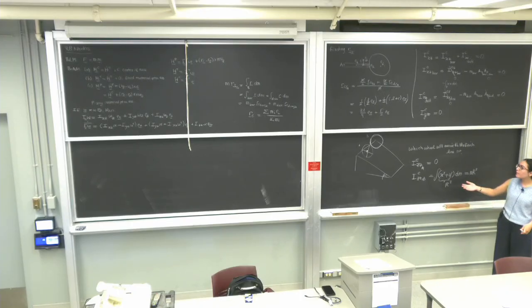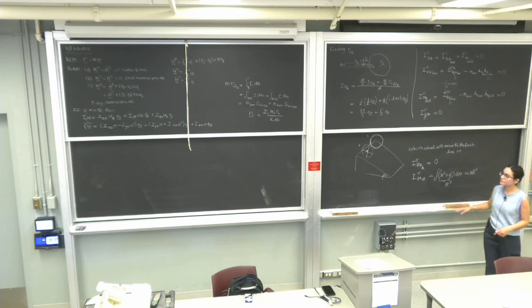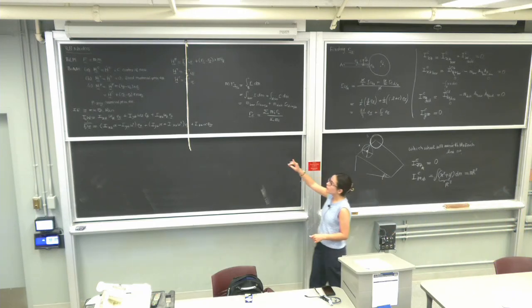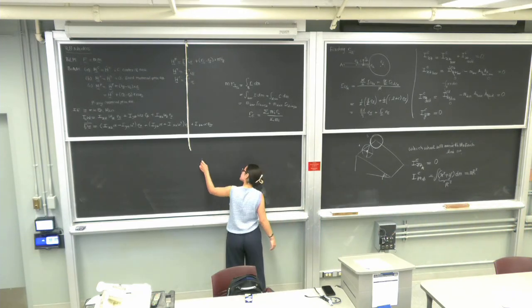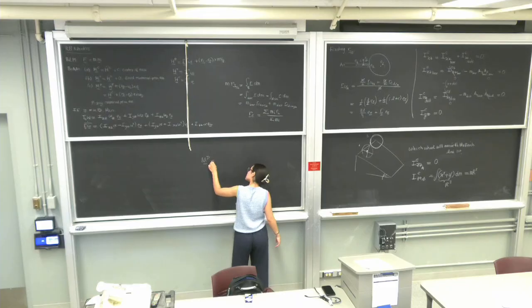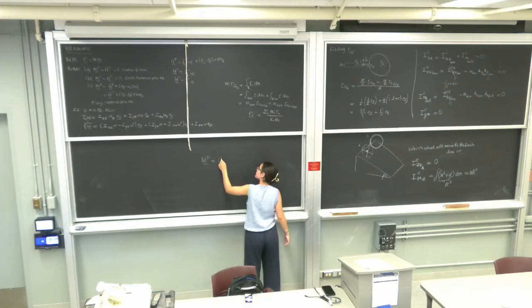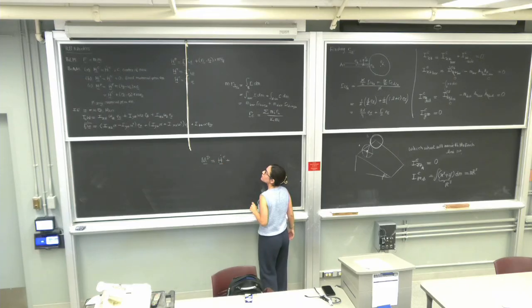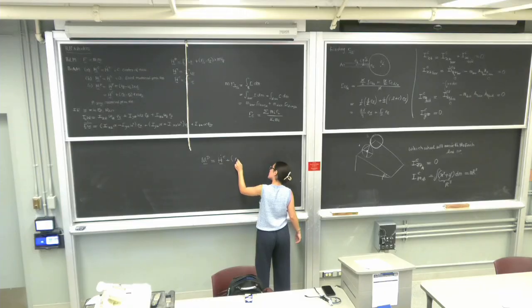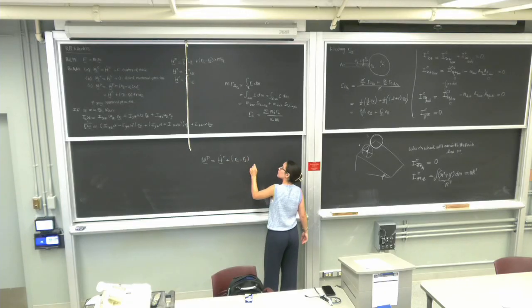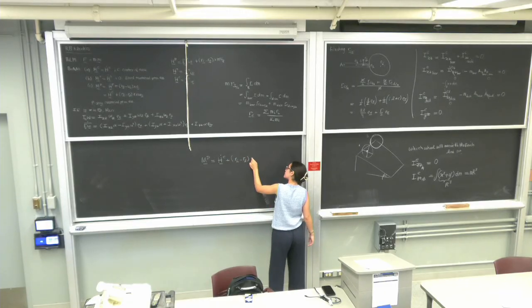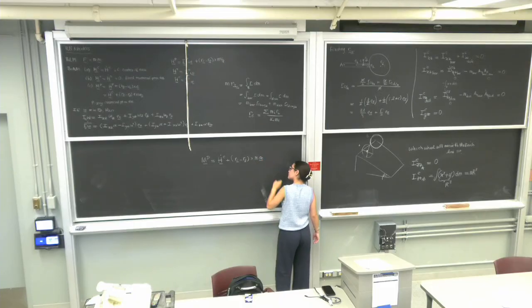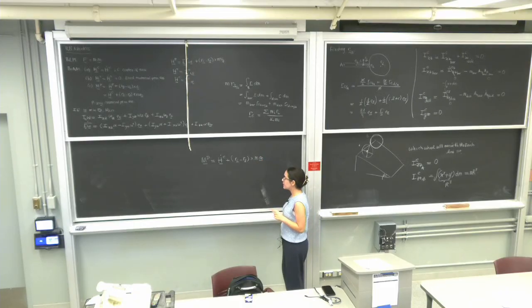If I apply my balance law, MP is equal to H dot C plus RC minus RP cross M AC.